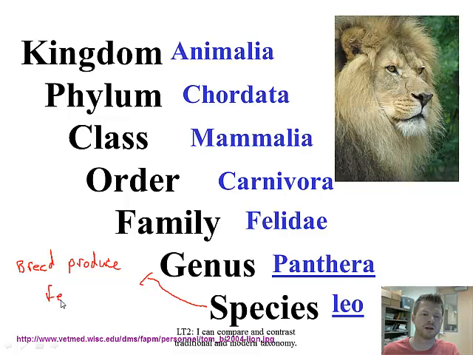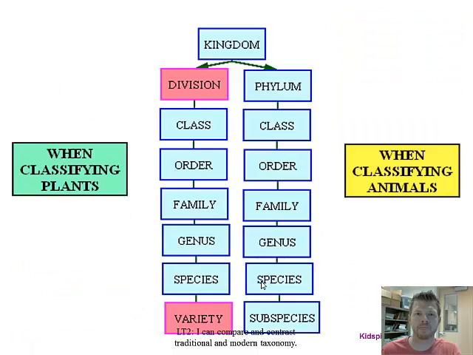So that means their offspring also has to be able to breed and do the same. Okay. So here's a quick example.